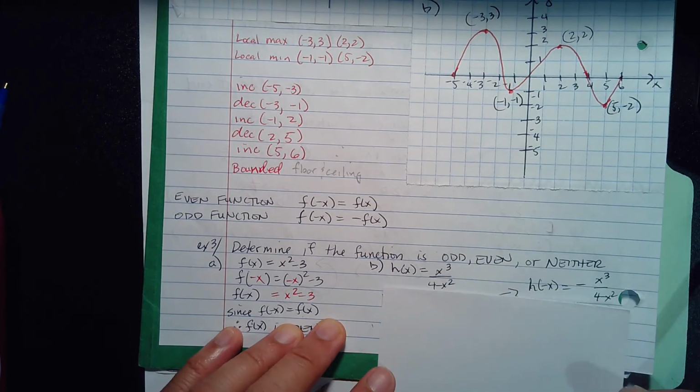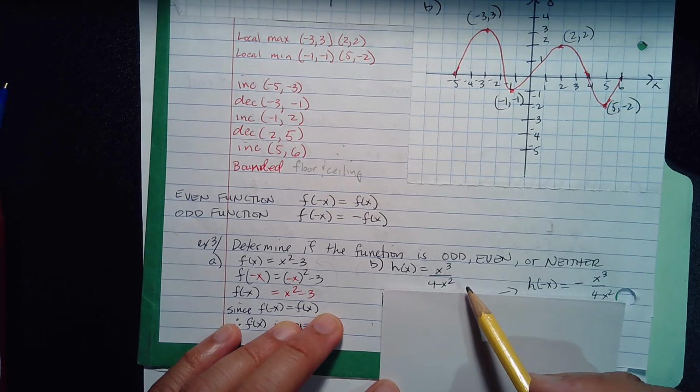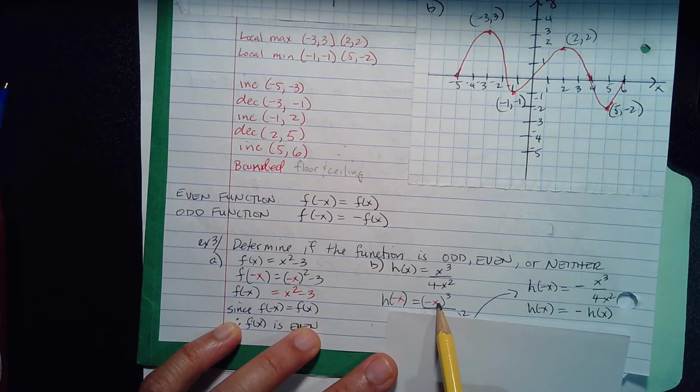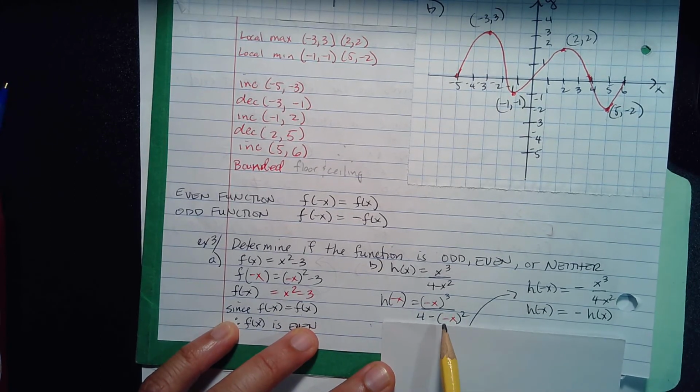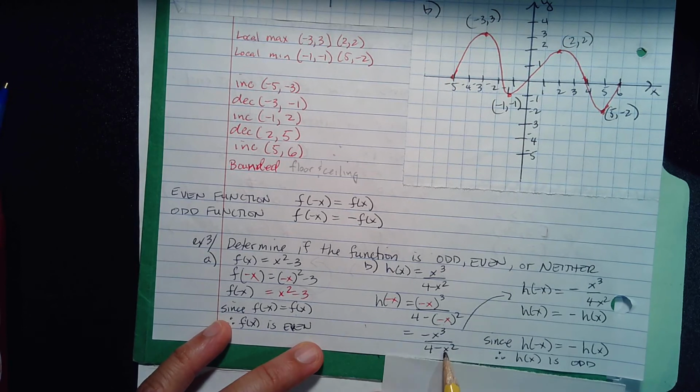Alright, next we have h of x equals x cubed over 4 minus x squared. Again, substitute negative x wherever we see an x. Evaluate it. Negative x to the third power is negative x cubed. Negative x squared is positive x squared. Bring down the 4, bring down the minus.